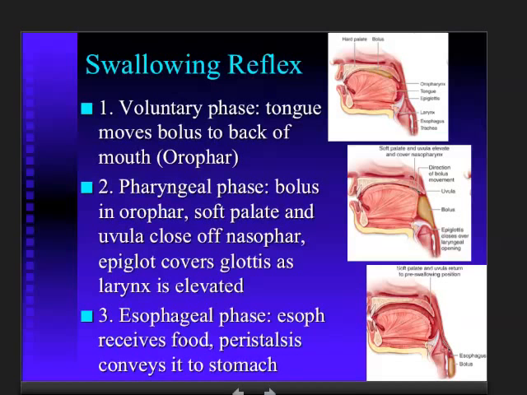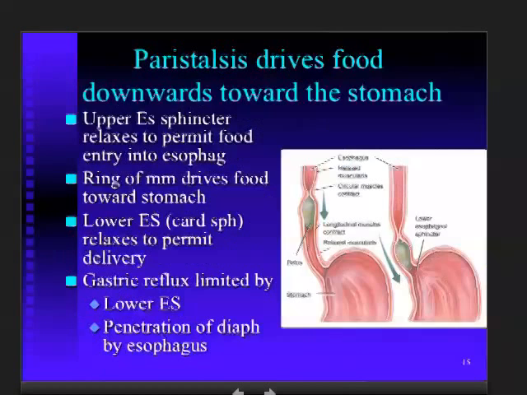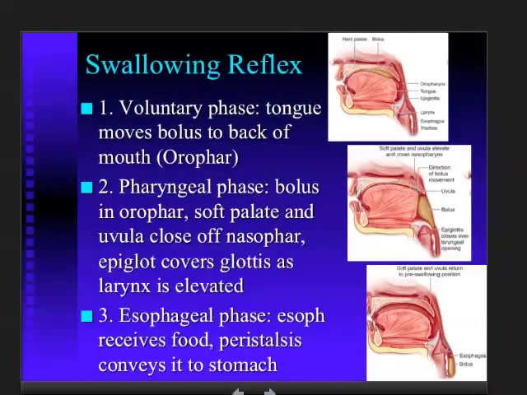Also, the soft palate goes up to meet the nasopharynx to prevent food from going upwards, so you seal that off. And then finally, the food is delivered into the esophagus, where you have peristalsis, a ring of muscle moving downwards.